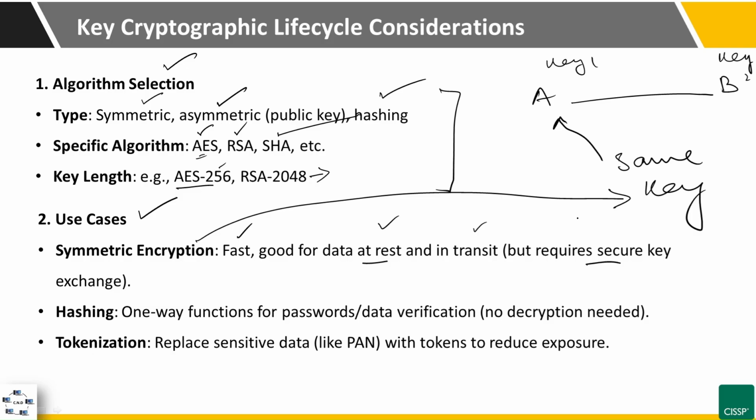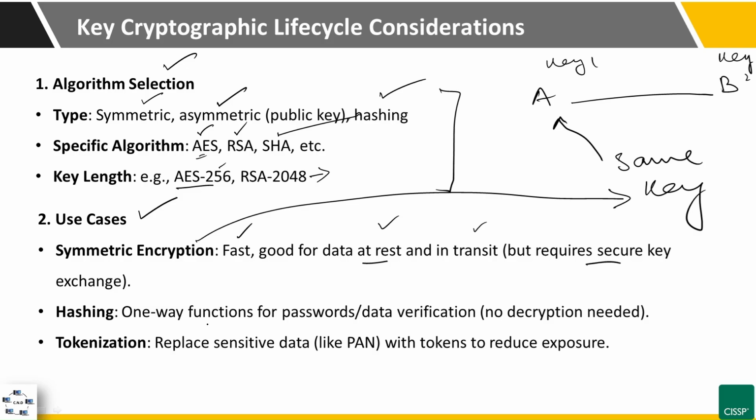So how do we exchange? We will study this in the upcoming slide. This is an important consideration. It is not required in public key cryptography. We will study how it is done in public key also in the upcoming slide.